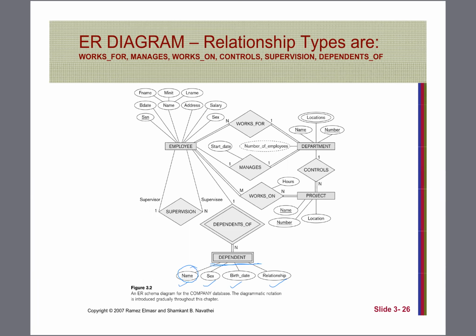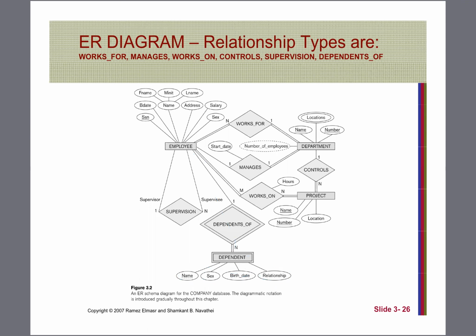Two people can have the same name, like Rahul or Sushma or whatever. So sex also is just female and male, so definitely it is not an attribute which can qualify as a key. Now birth date, you can have a couple of them having the same birth date. Relationship, what kind of relationship this dependent has with the employee, there's not much variety that you can have, and it is a repetitive values attribute. So none of these attributes qualify for becoming a key attribute.